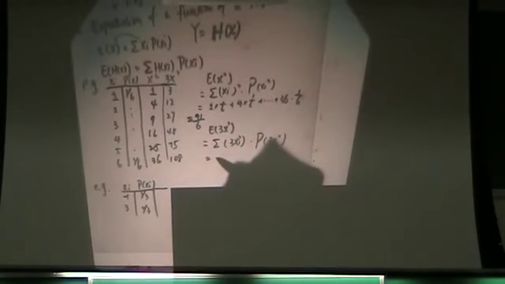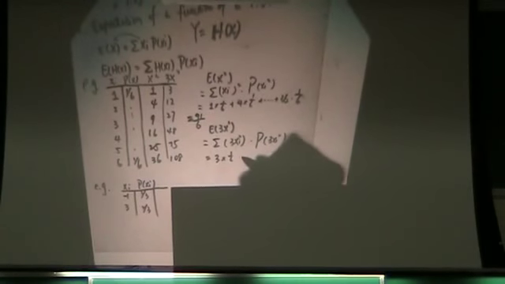And we could do the same thing. We could take the summation of 3xi squared times the probability of 3xi squared. We just did the same thing.